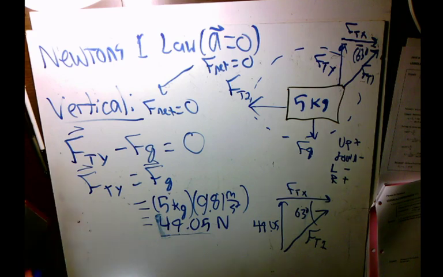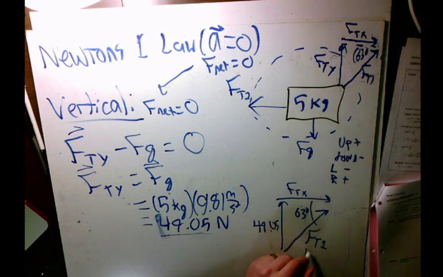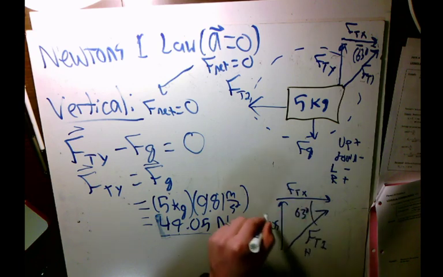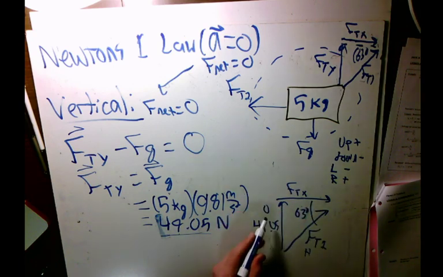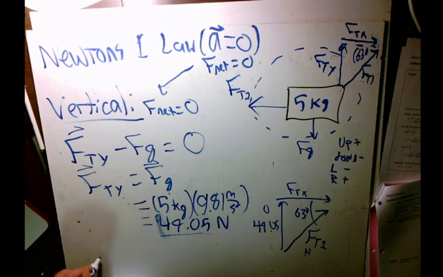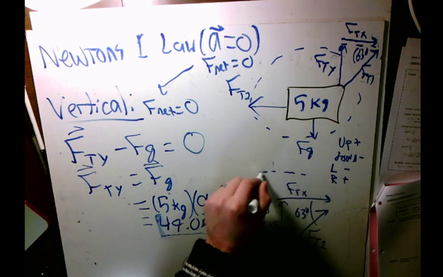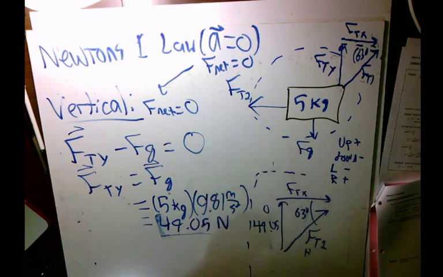So let's solve for this total tension force in rope 1 first. So that would be our hypotenuse, and if we're using this angle here, that would be our opposite side. So we're going to use our sine function. We'll just do this.